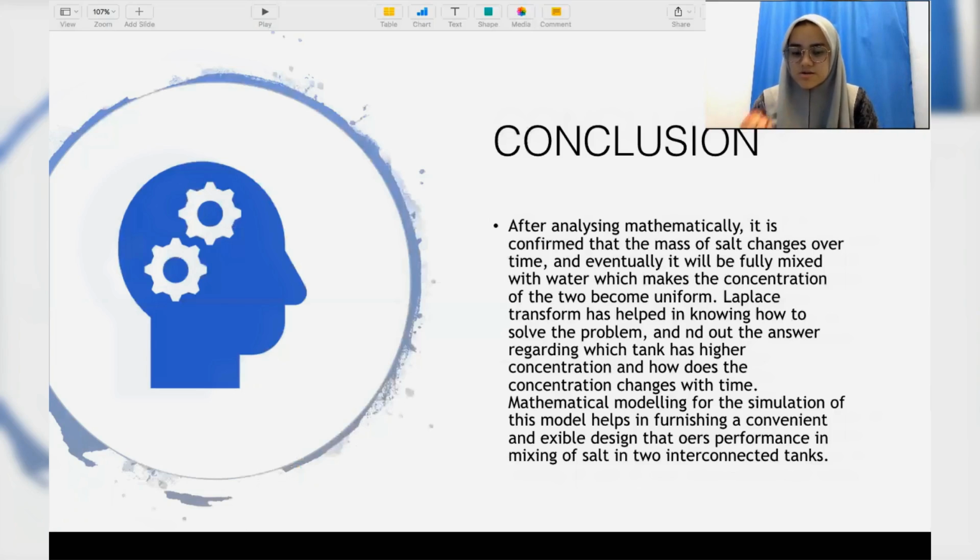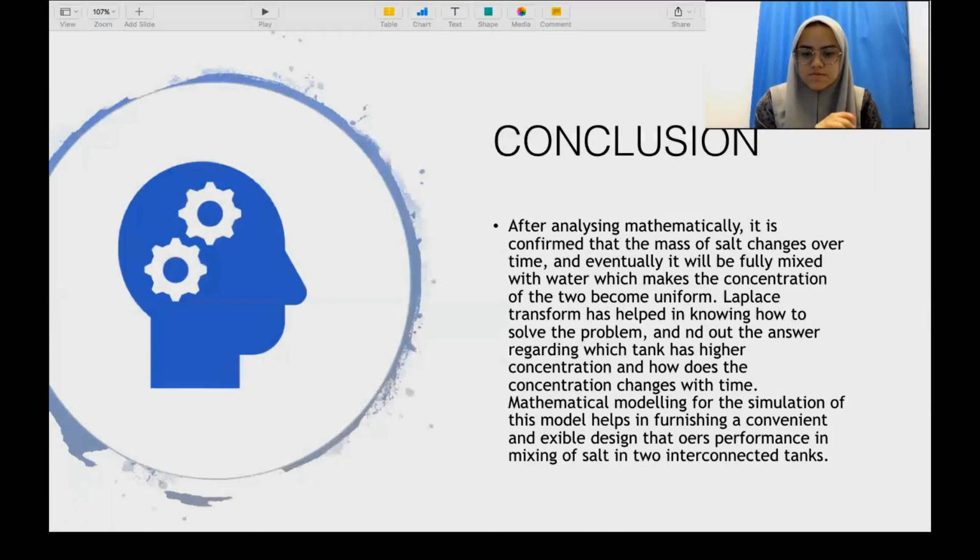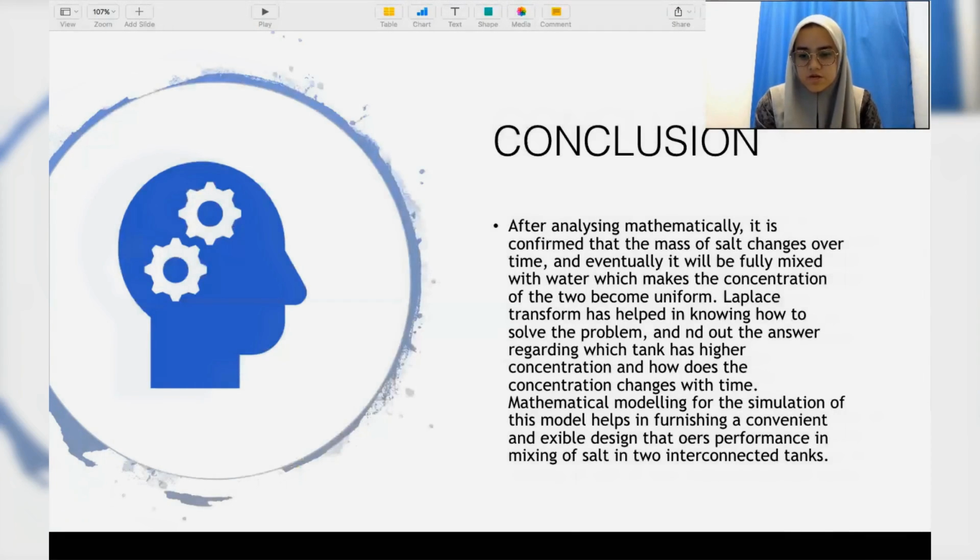It gives the answer regarding which tank has higher concentration and how the concentration changes with time. Mathematical modeling for the simulation of this model helps in formulating a convenient and accessible design, which performs in mixing salt in two interconnected tanks.